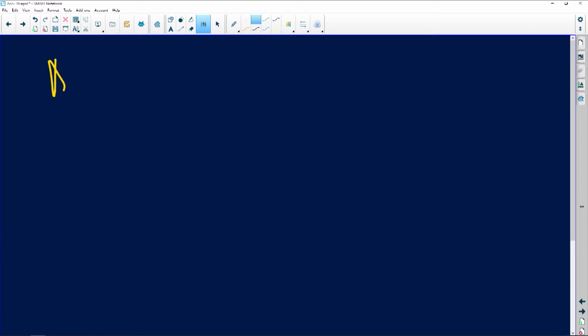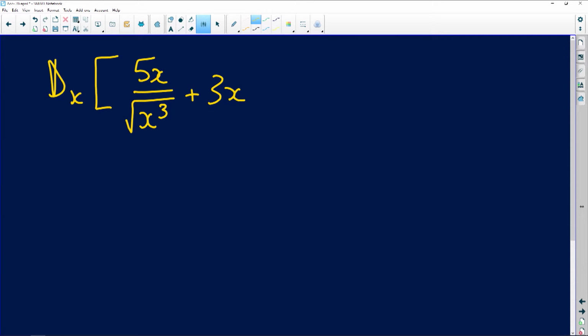The question says: find d/dx of 5x over the square root of x cubed, plus 3x, plus x to the naught, plus 2. This question was on some question paper, I don't know which one, but it was for 4 marks.